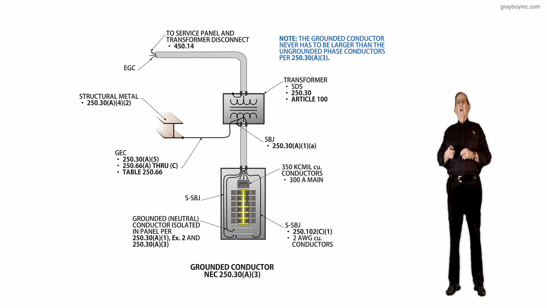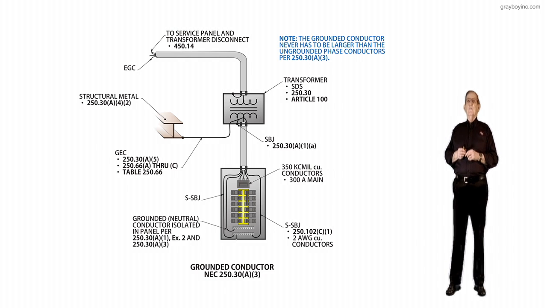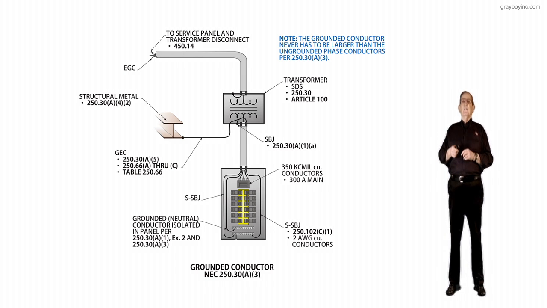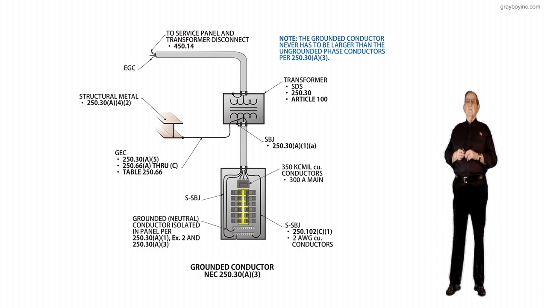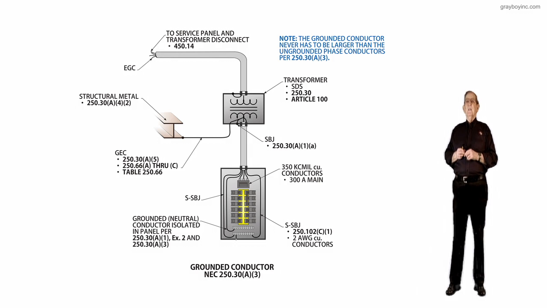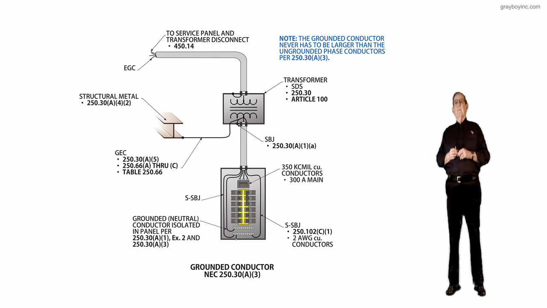Now notice at the top of the illustration, on the primary side of the transformer, you have your service panel and transformer disconnect up ahead of it in accordance with 250.14, placing that disconnect where that section calls for it. And then we have an equipment ground, so we'd have redundant grounding there.